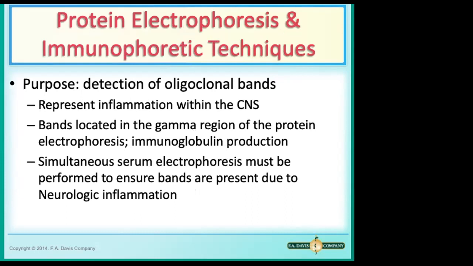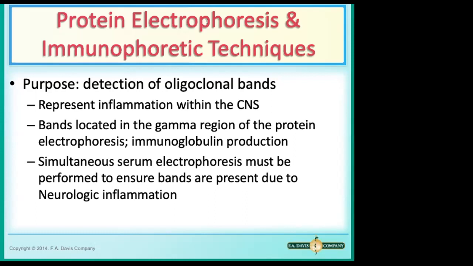electrophoresis or immunoelectrophoretic techniques to identify different proteins and fractions of proteins. The purpose of performing CSF protein electrophoresis is really to detect what we call oligoclonal bands. These oligoclonal bands represent inflammation within the central nervous system.